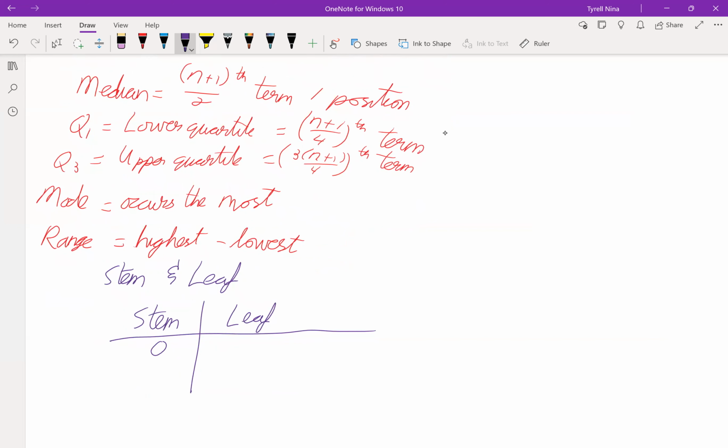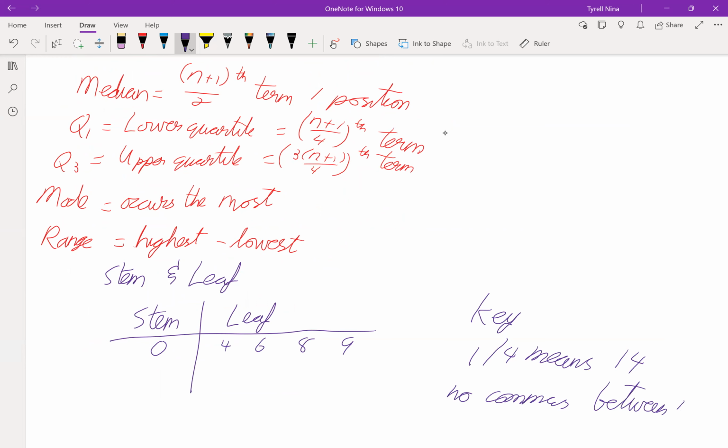You'll have like 0, 4, 6, 8, 9, and a key. 1/4 is 14. No commas between numbers, and it's in ascending order.